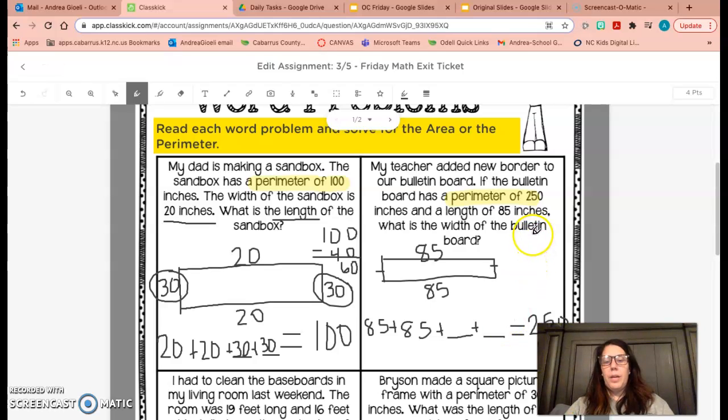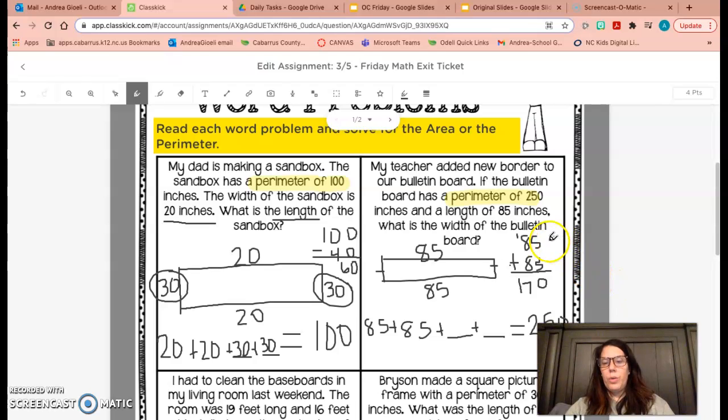So now I'm going to add my 85 and my 85 together to figure out how many I've already used out of my 250. We know 5 plus 5 is 10, so we put our 0 and carry our 1, and then that equals 17. So out of 250 inches, we've already used 170 inches.